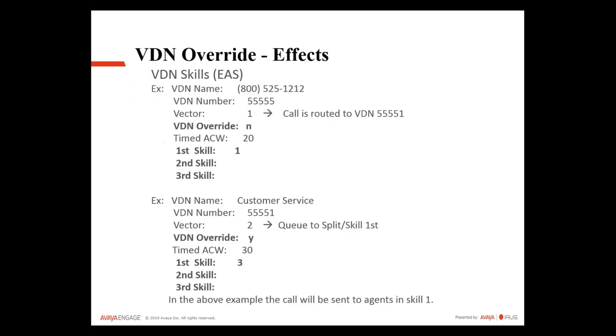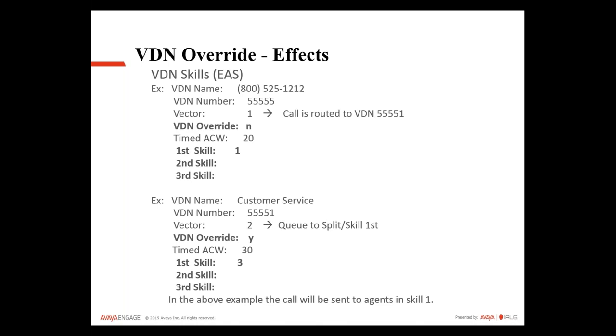One last example is also skills. So again, like we said, hey, can I override you? No. So then the skill that the call is going to queue to here is skill number 1, not skill number 3.